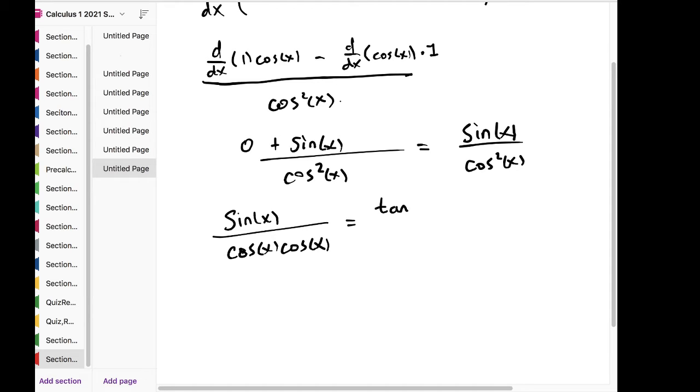And then what is tangent over cosine? What's the cosine in the denominator? What's 1 over cosine?